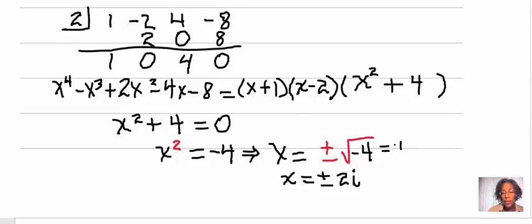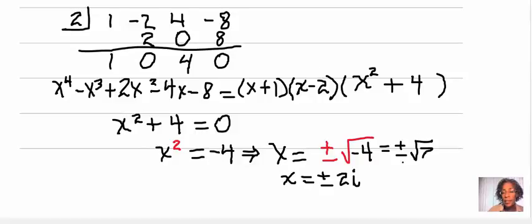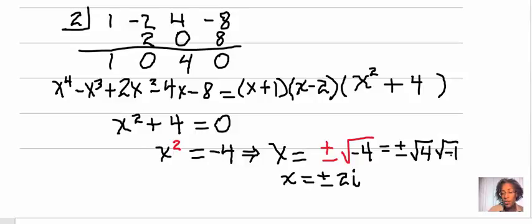So that's plus or minus square root of 4 times the square root of negative 1. And the square root of negative 1 is i. The square root of 4 is 2. So x is plus or minus 2i.